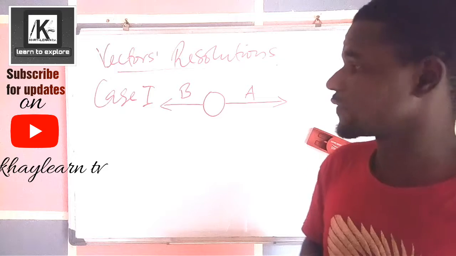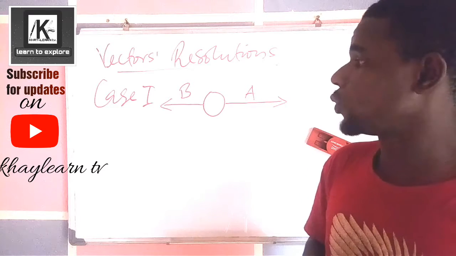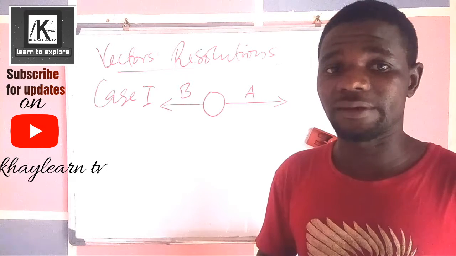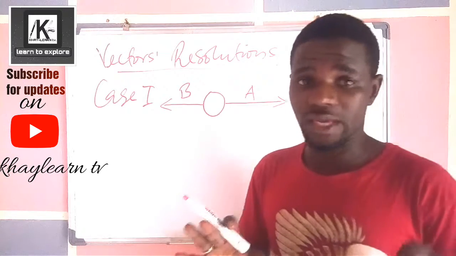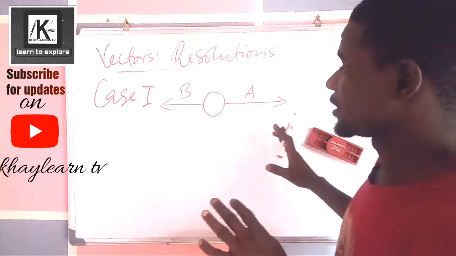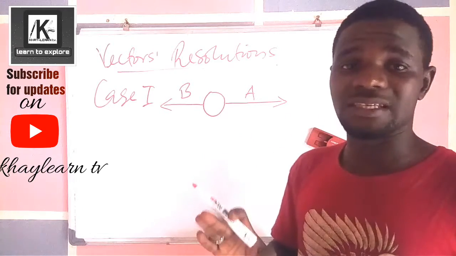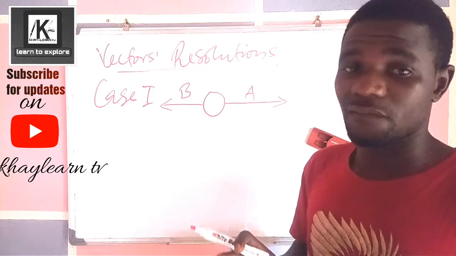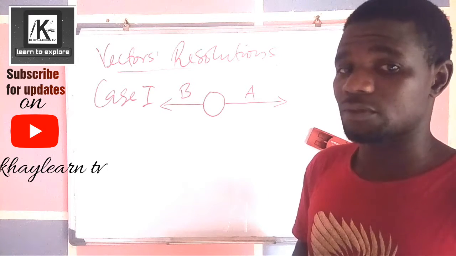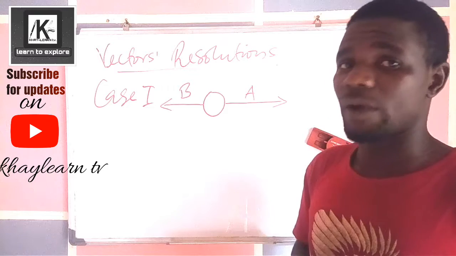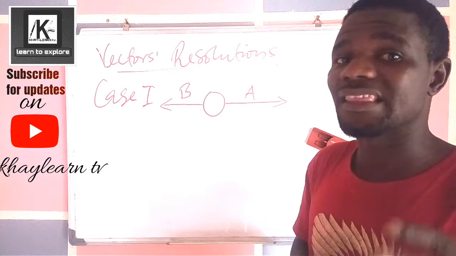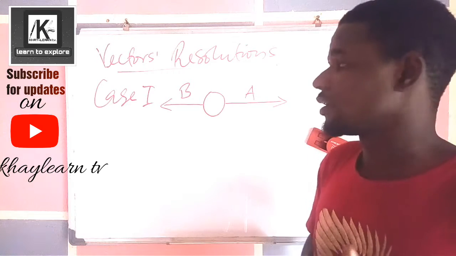So in this case, first of all, one should always determine which vector is greater than the other. With the looks of it here, the vector A is longer than the vector B. That means the vector A is greater than the vector B. So our effective vector will be toward the greater vector.